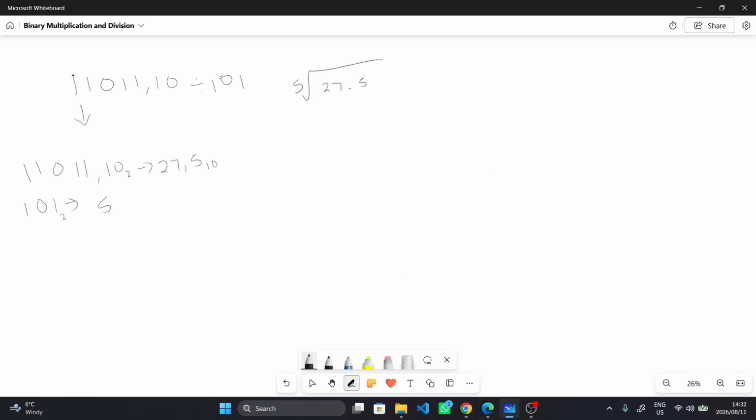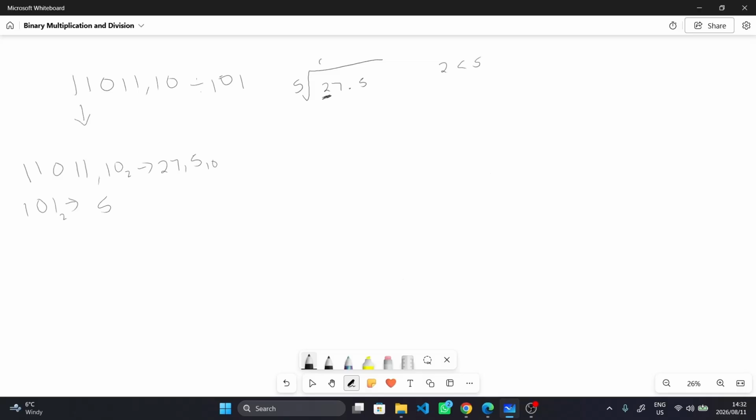And let's just solve this first, then we go to the binary one, because we will follow the same method or the rule. So just remember, when we do such division, we first check the first value. Is it greater than or less than 5? It's less than 5, right?